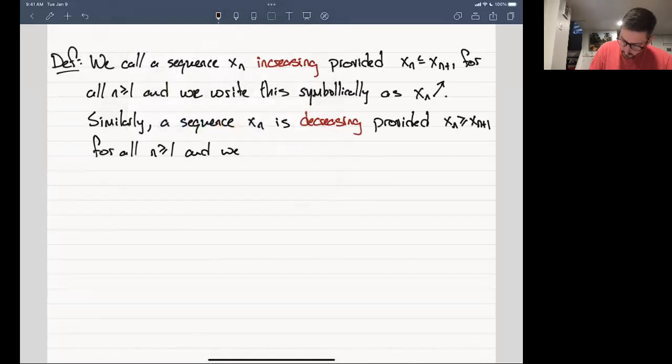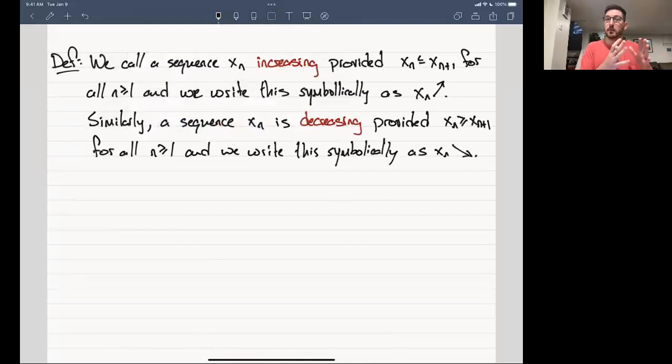And we write this symbolically as xn and then a down to the right arrow. So again, we think of this number line as proceeding to the right. That's why everything is sort of pushing to the right. The up or down tells us increasing or decreasing.